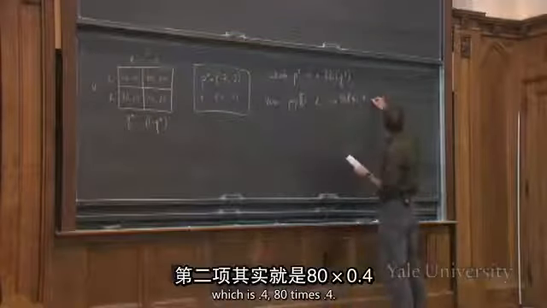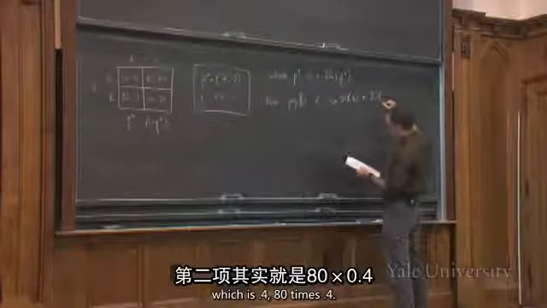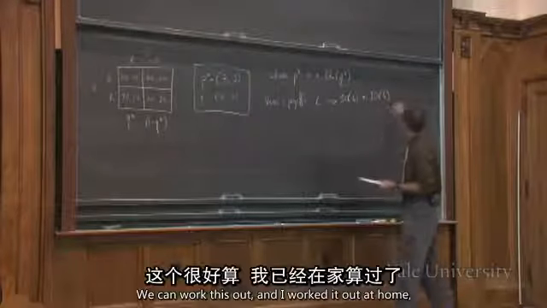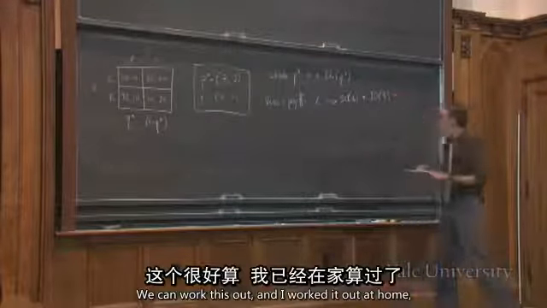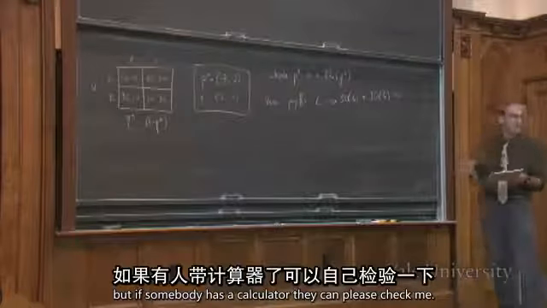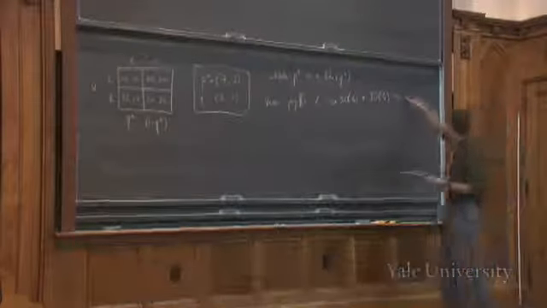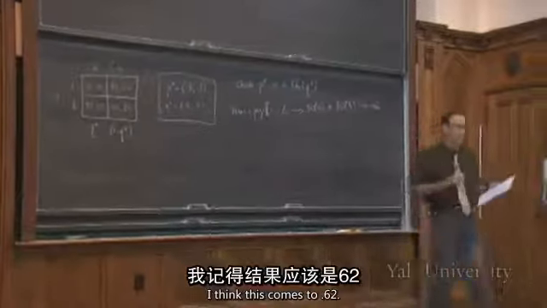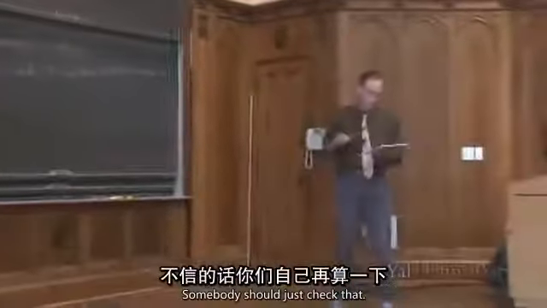So 80 times 0.4. I worked it out at home, but if somebody has a calculator, they can please check me. I think this comes to 62. Somebody should just check that.